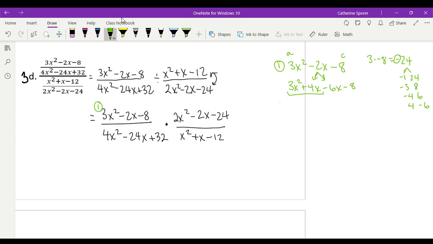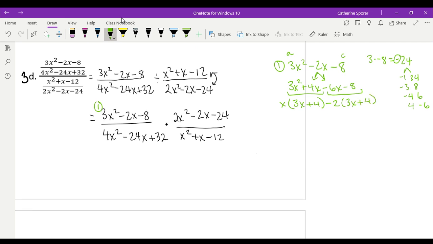So we could take an x out of these two. If we divide out an x, that's 3x plus 4. Then we're trying to get 3x plus 4 to show up again when we take a GCF out of these two. They share a factor of 2, but since 3x plus 4 is positive, let's take out a negative 2. And then we get 3x plus 4.